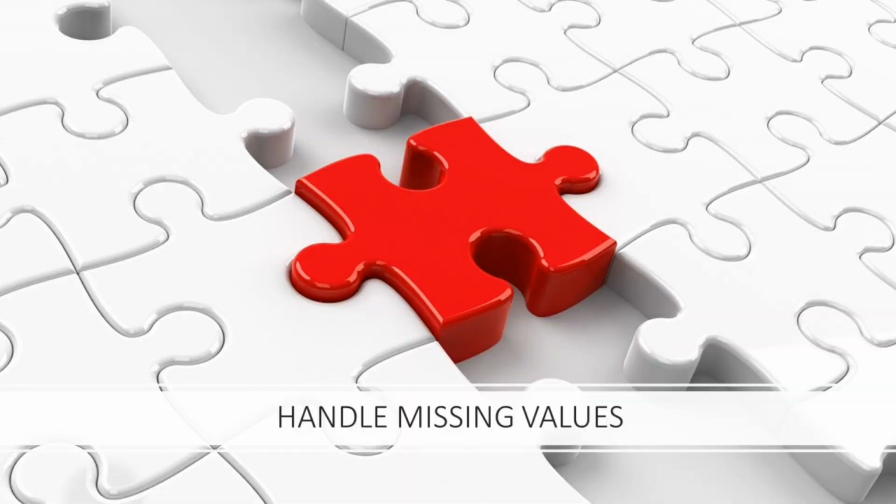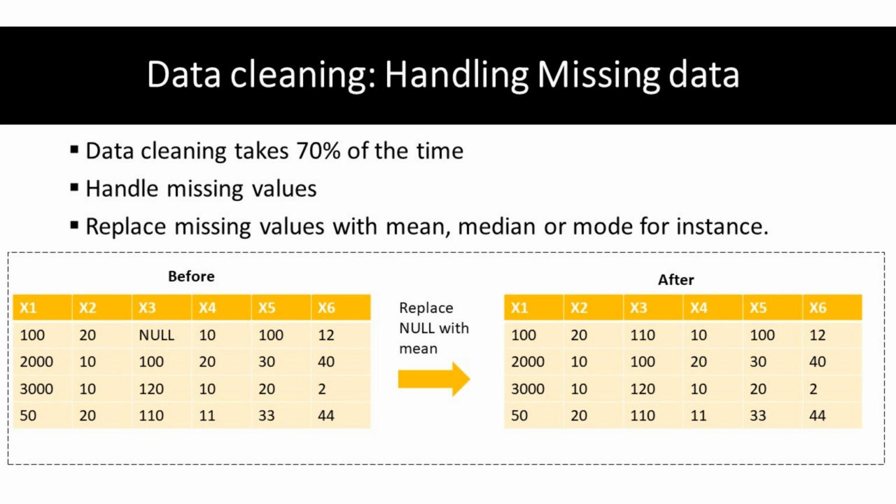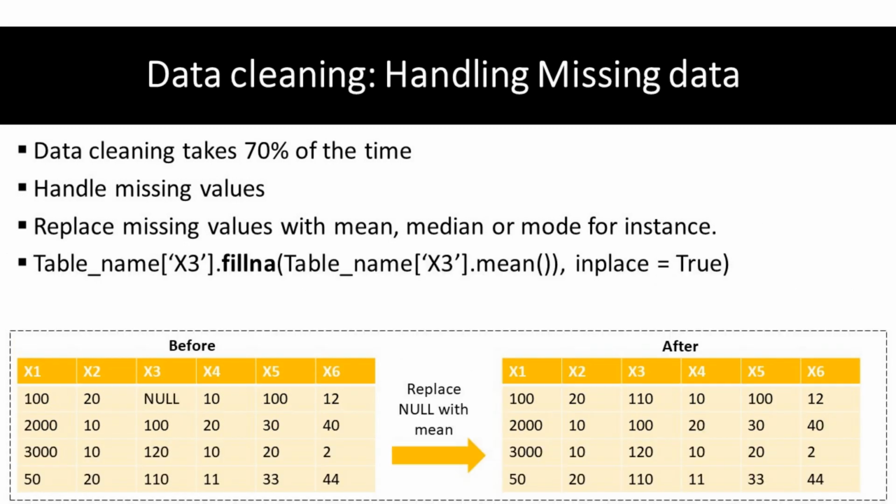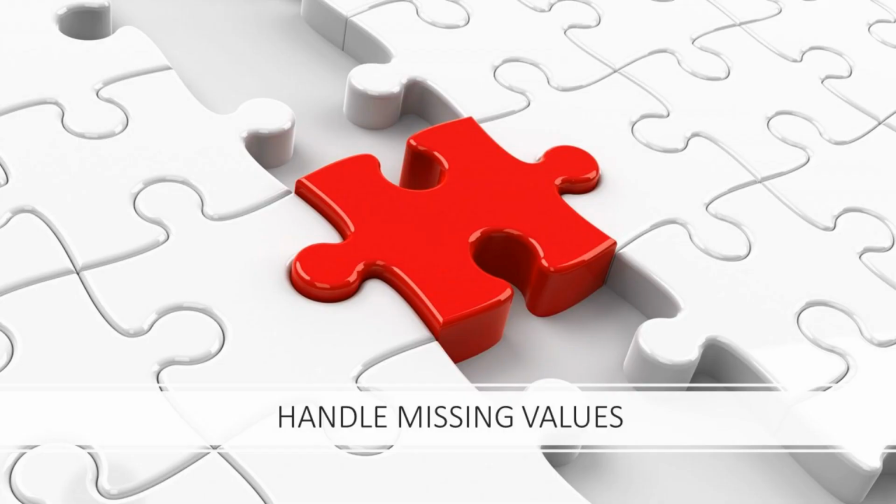So either you can replace all the null values with 0, but the better way would be to replace it with some mean, median, mode, whatever. You can see on the screen how you can replace the null value with the mean of the column x3. If you use the dot fillna method with mean, then you can easily replace the null value with the mean value.